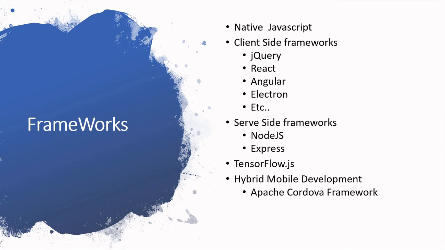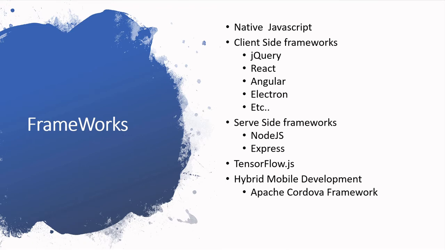Next, as I said, what we have discussed so far is core JavaScript. This is the core part, the native JavaScript. As I said in the beginning, JavaScript can manipulate the DOM and give a rich look and feel to the user, and everything can be done with JavaScript.